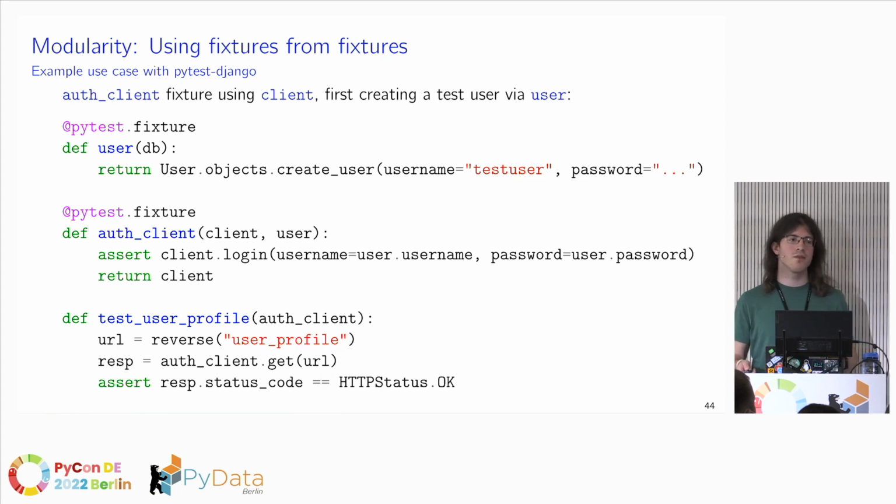So that's how we can use fixtures as building blocks to simplify, to use another fixture and extend it in a way that we don't need to copy paste things in our test functions.